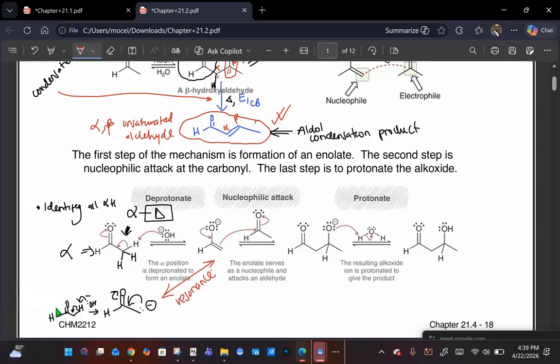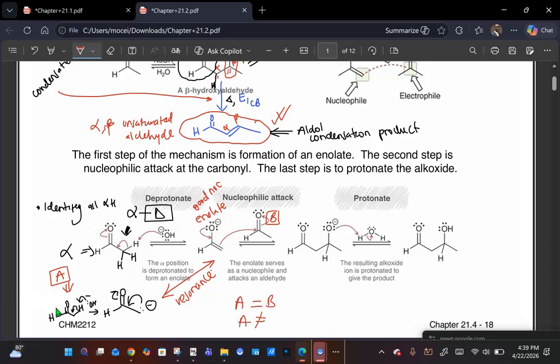Why do we need an enolate? Because enolates are good nucleophiles. This is where students get confused. Call these A. Call these B. So sometimes A can be equal to B, sometimes A cannot be equal to B. So when A equals B, we call that self-aldol.